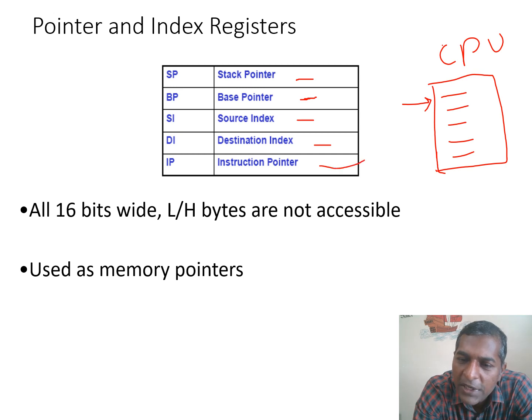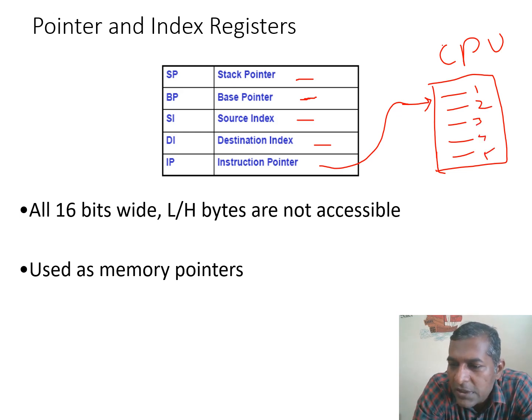The instruction pointer, IP, will always point to the instruction. This is the first instruction, this is second, third, fourth, fifth. This is how the CPU will execute the instructions. The microprocessor will execute the instructions one after another. If the first instruction is being executed by the microprocessor, then IP will point to the second instruction.